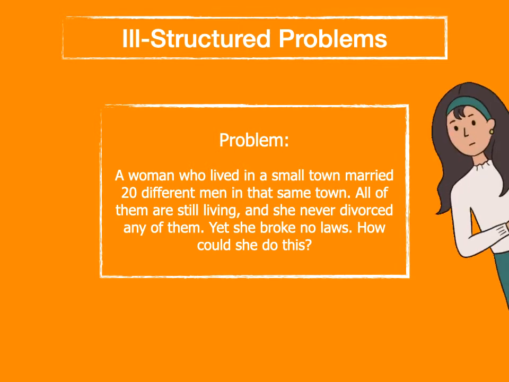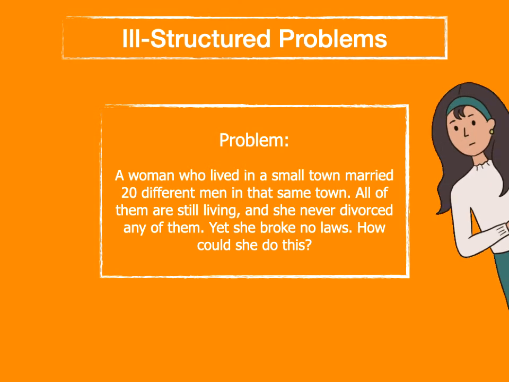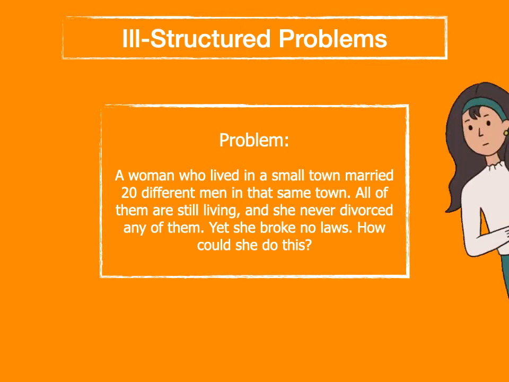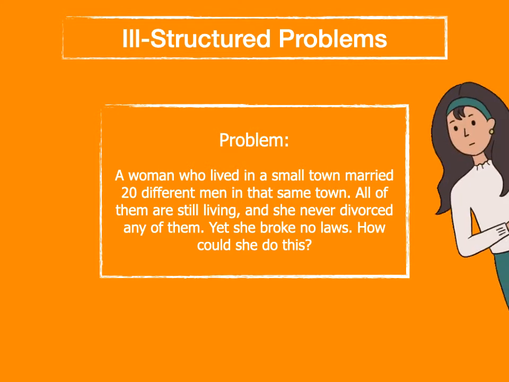Here, there is less or no structure at all on how you can solve the problem. How can a woman marry 20 different men in the same town, all alive, but she never divorced any of them without breaking any law? So again, there are so many ways to see this problem and arrive at a significant solution.